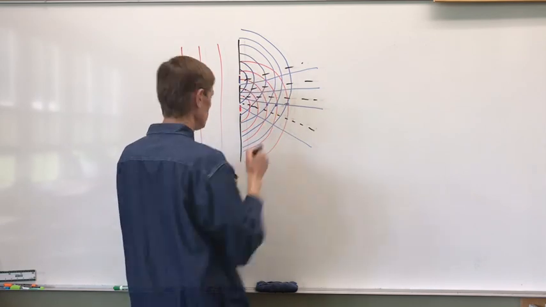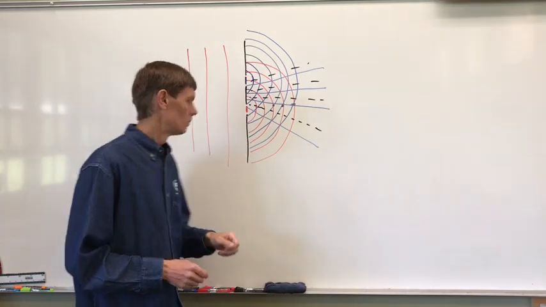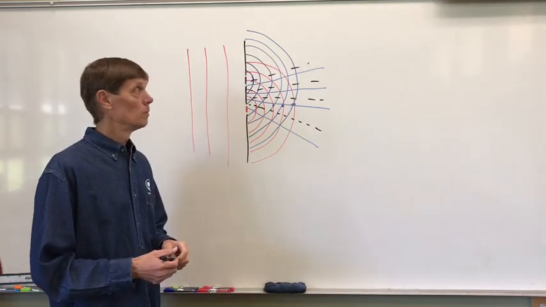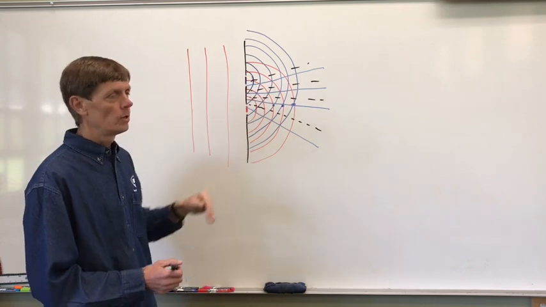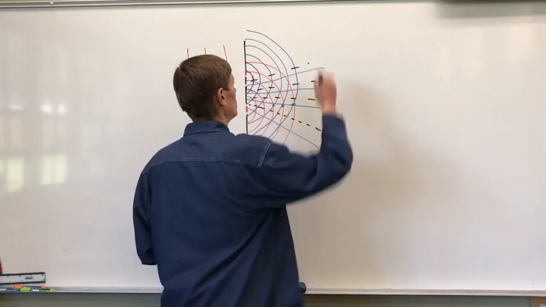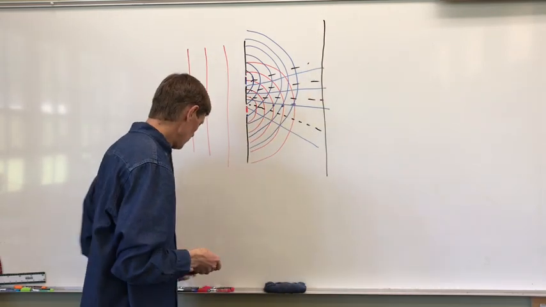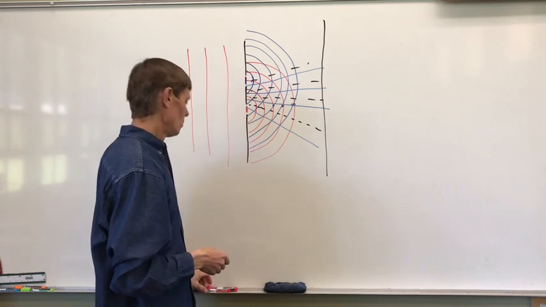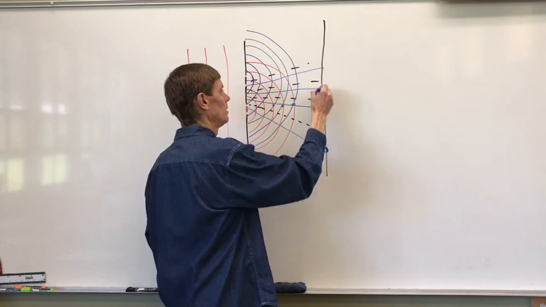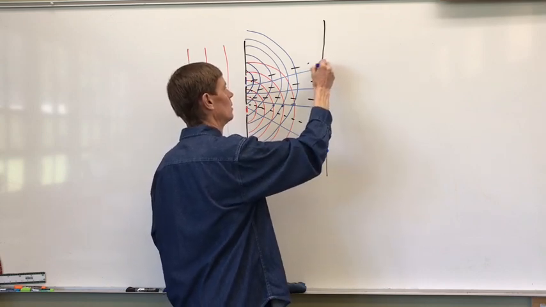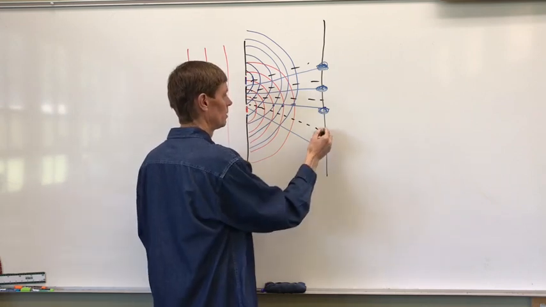Well, if we have these rays constructively and destructively interfering, and we put a screen that these light rays can shine upon, we're going to get bright spots at these locations and we will get dark spots in between.